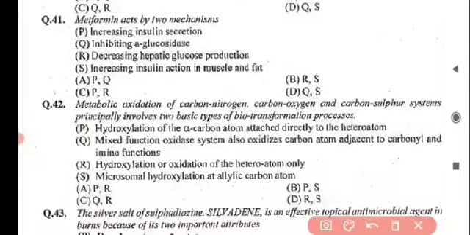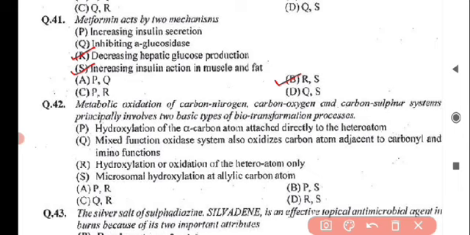Next question is, metformin acts by two mechanisms, and these two mechanisms are R and S. That is, by decreasing hepatic glucose production and by increasing insulin action in muscle and fat.